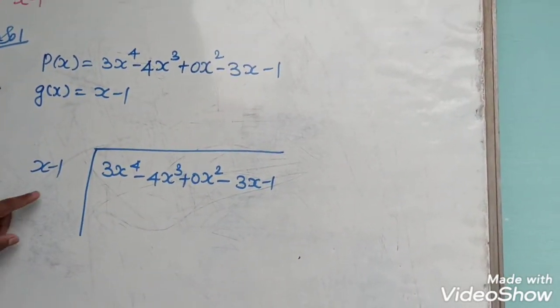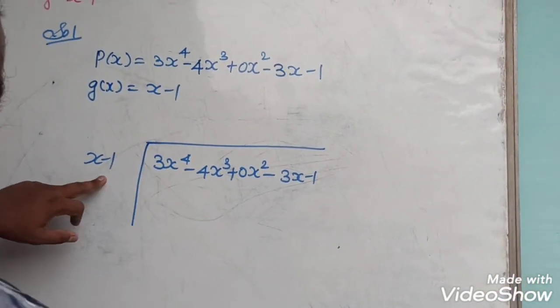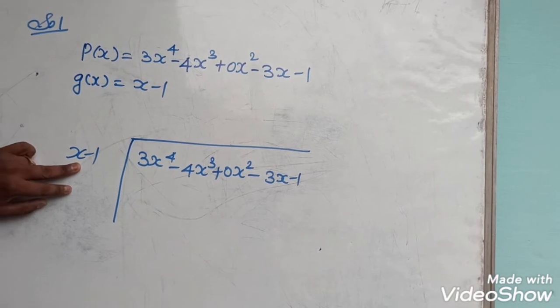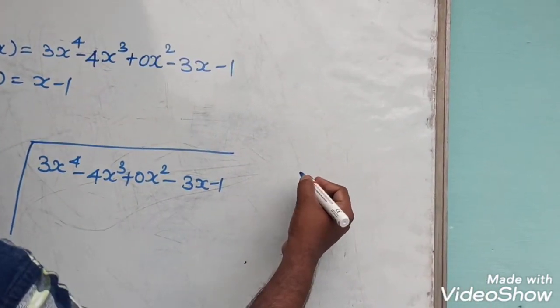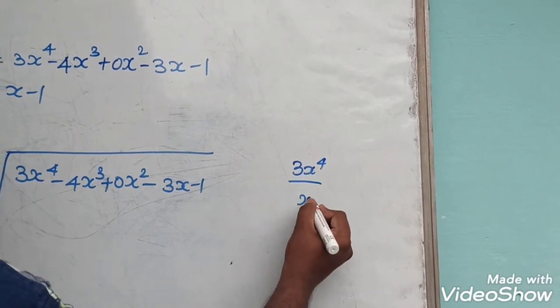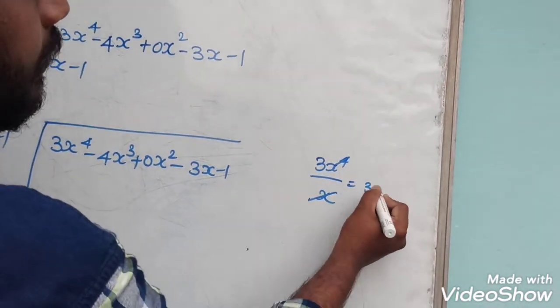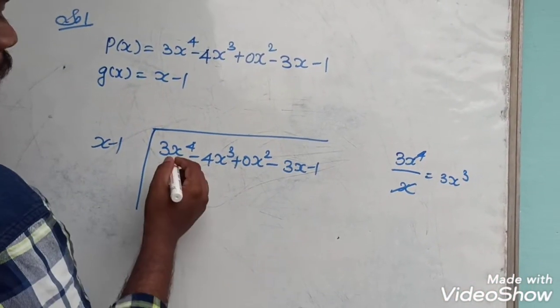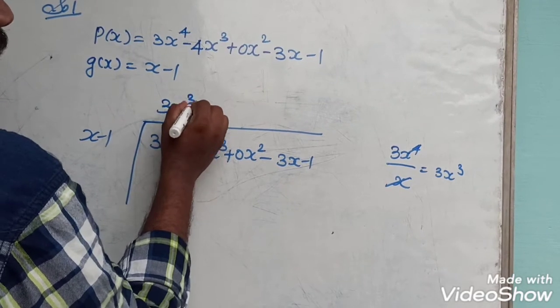So you have to see what is the comparison. x power 4 can be obtained by multiplying with 3x cube.